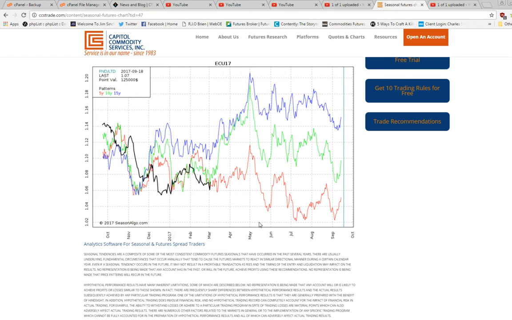So, how do you utilize this for trading purposes? Well, what I like to do first is see if the seasonal's in line with the actual price. To me, this isn't a perfect study at all, but I like to see that these lows for the seasonals don't really coincide with these lows.